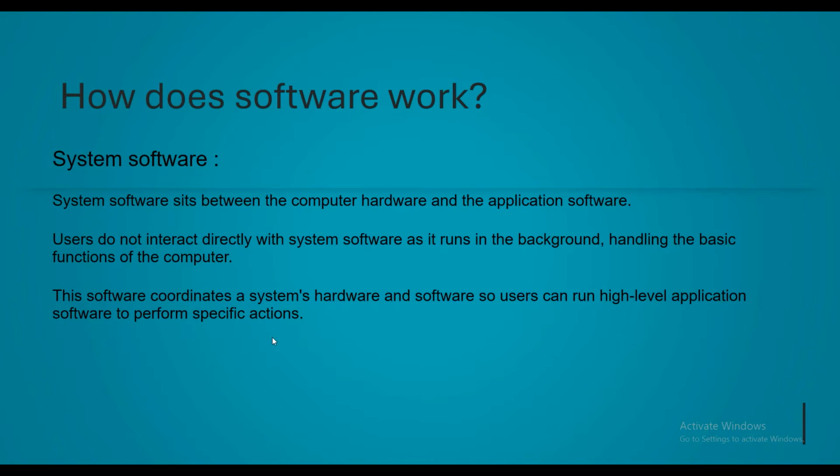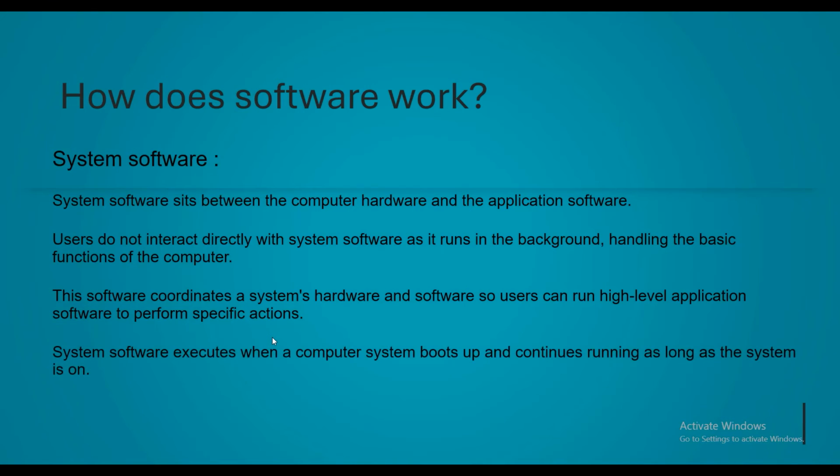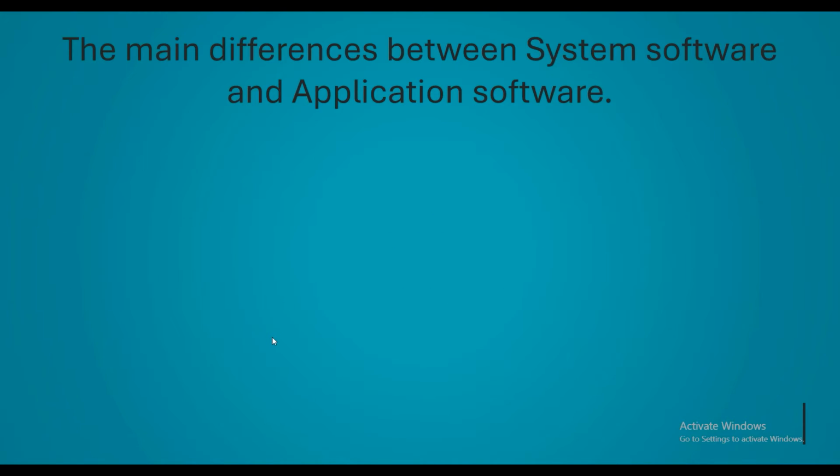This software coordinates a system's hardware and software so users can run high-level application software to perform specific actions. Also, system software executes when a computer system boots up and continues running as long as the system is on.